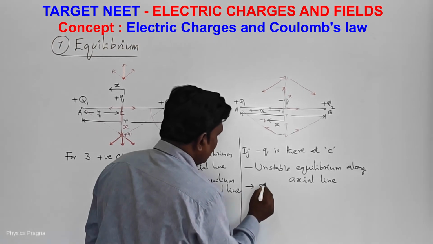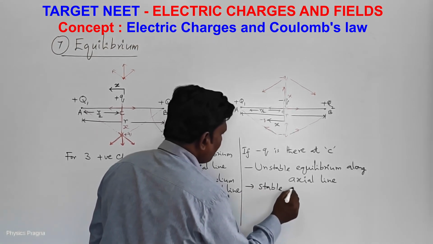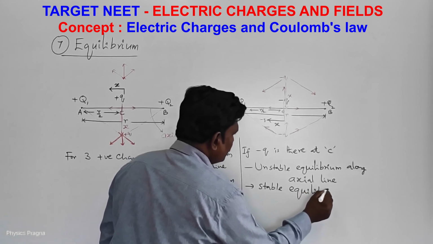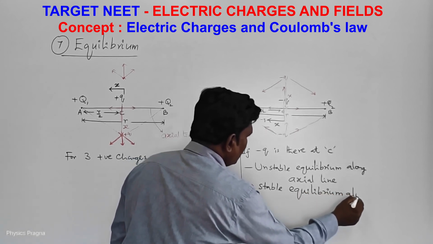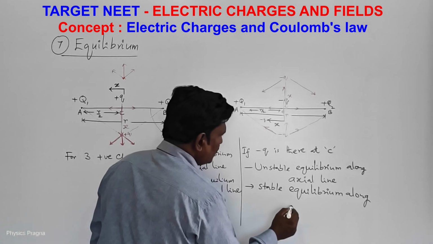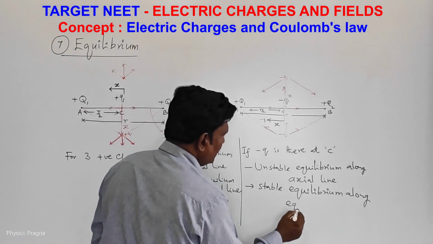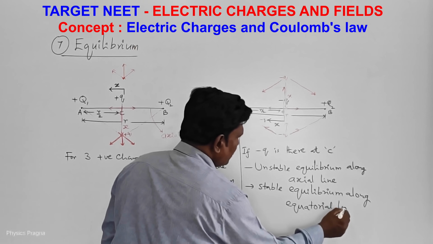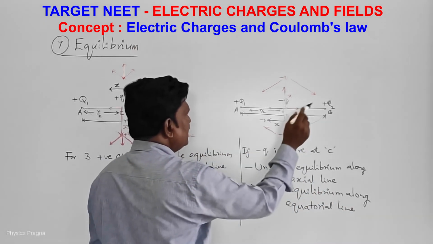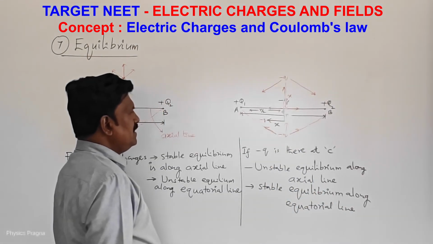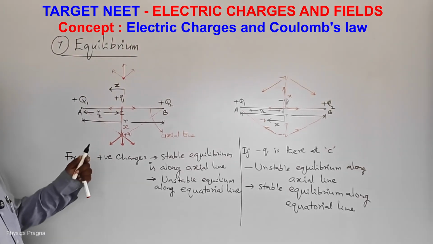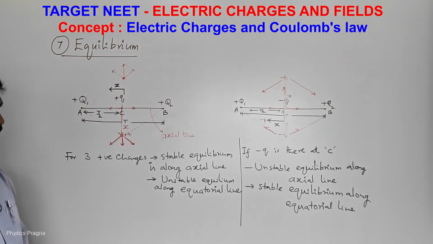So stable equilibrium along the equatorial line. So along the axial line unstable, along the equatorial line it is stable equilibrium. This is about equilibrium of charges.